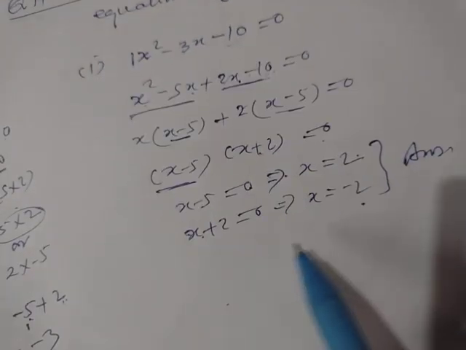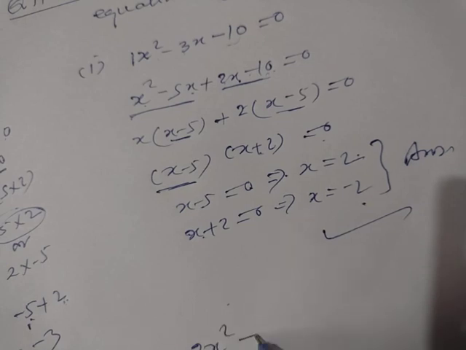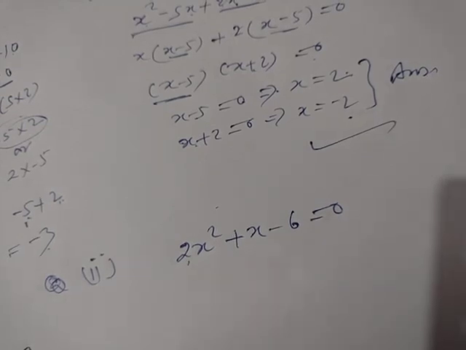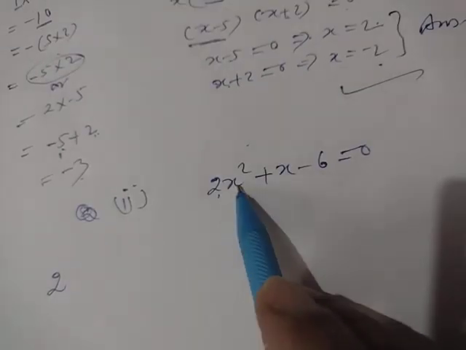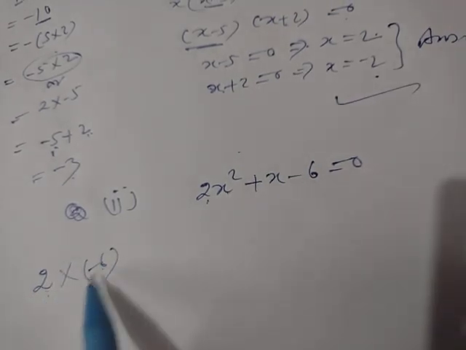Okay, student. Now question second part. Second part is 2x square plus x minus 6 is equal to 0. Now see, coefficient of x square is 2 into constant minus 6. So 2 into minus 6 is minus 12.